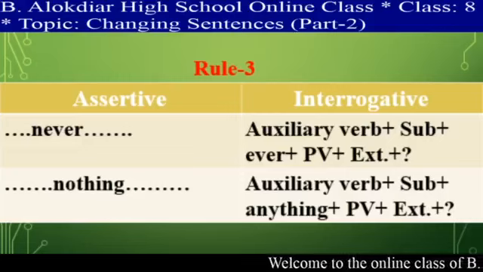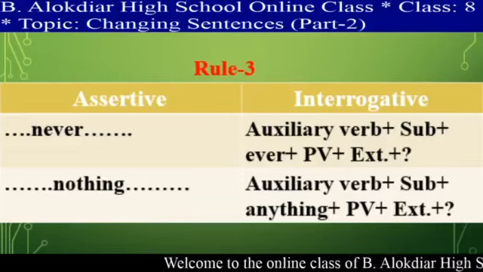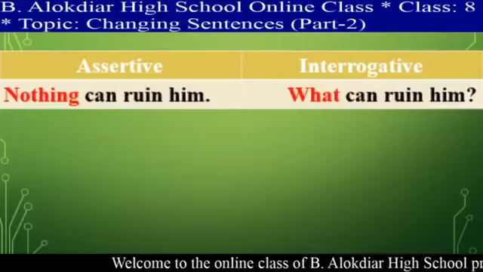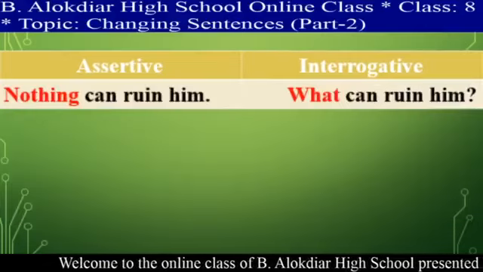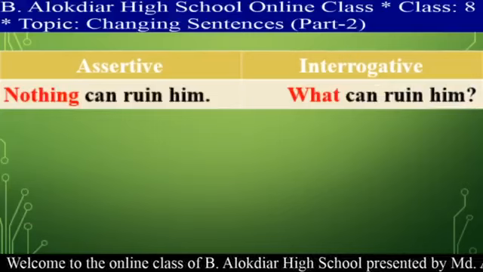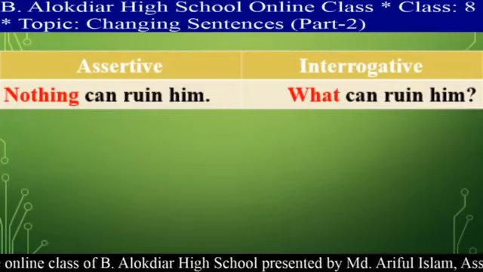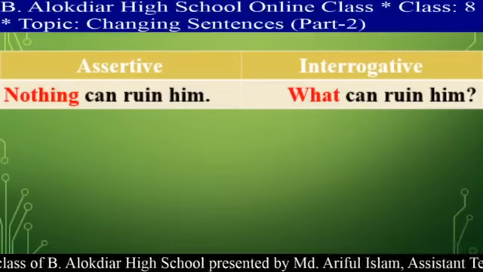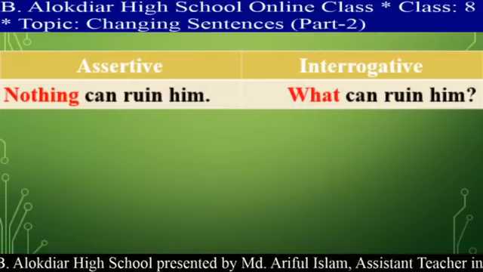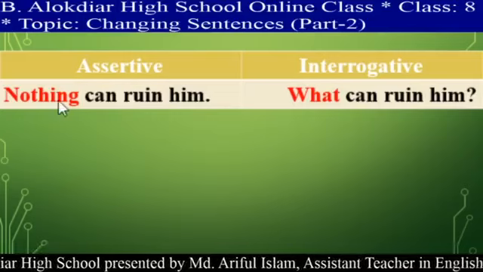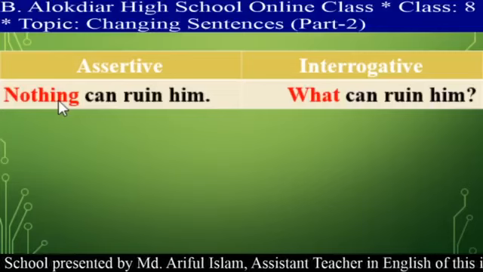Okay, let's go to the next example. Nothing can ruin him. In interrogative sentence, what can ruin him? Here, in the assertive sentence, nothing. But in the interrogative sentence, what is used instead of nothing?